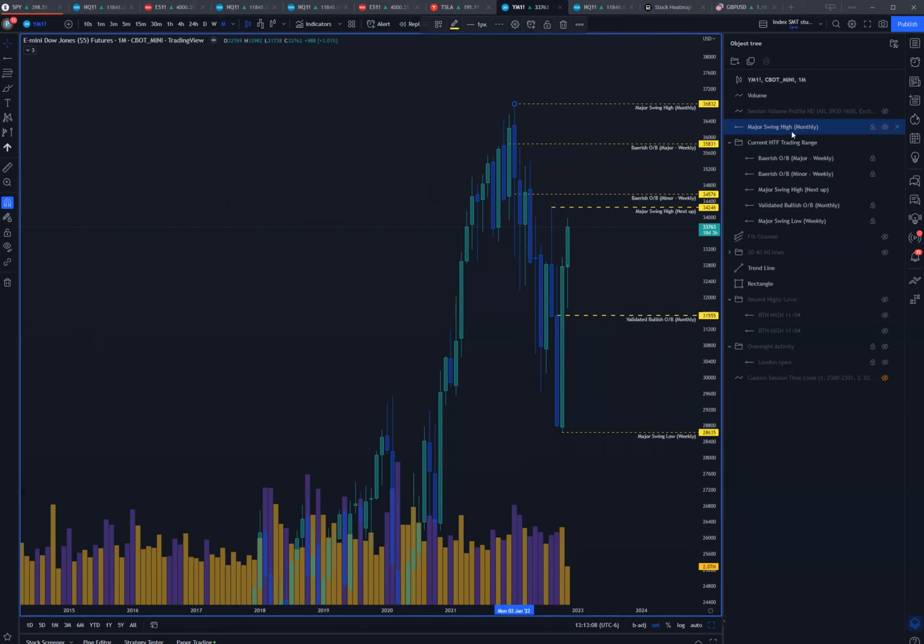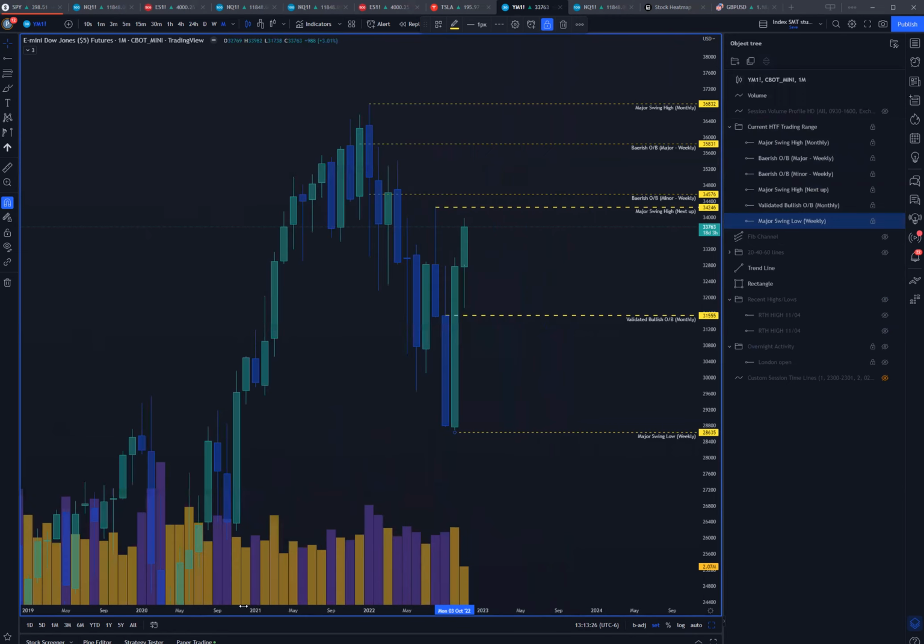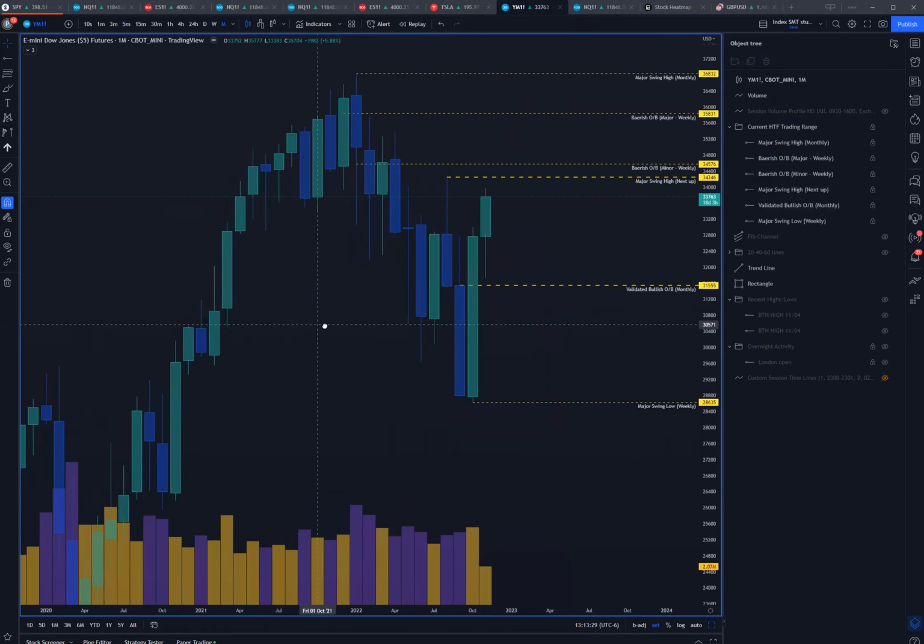The hierarchy of the targets is visible in the order in which they are here in this trading range folder, right? This is the highest. They're organized from highest to lowest, so I think that will give some good clarity.